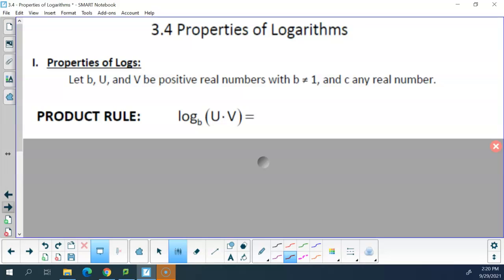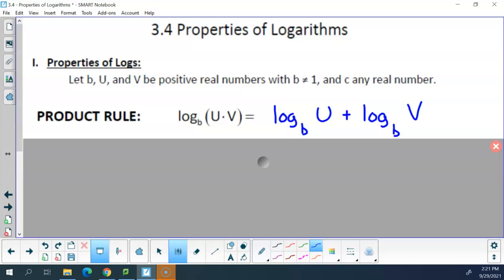into two separate logs. So this would become log base b of u plus log base b of v.